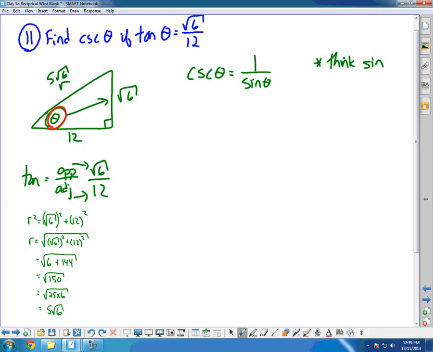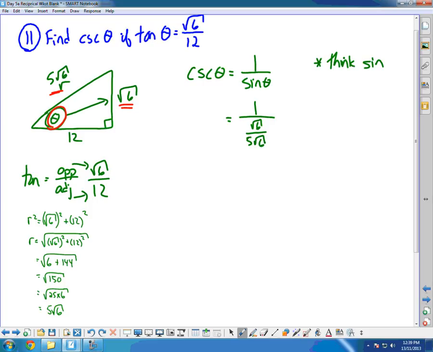So sine is opposite over hypotenuse. So if I was thinking about sine, it would be root 6 over 5 root 6. But I'm not asked to find the sine. I'm asked to find, sorry, just opposite over hypotenuse.